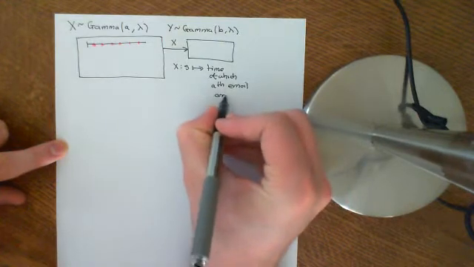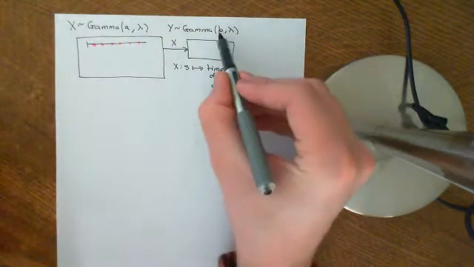And similarly, you could think about y as being the time at which the bth email arrives.